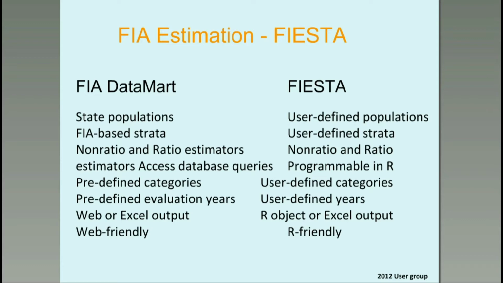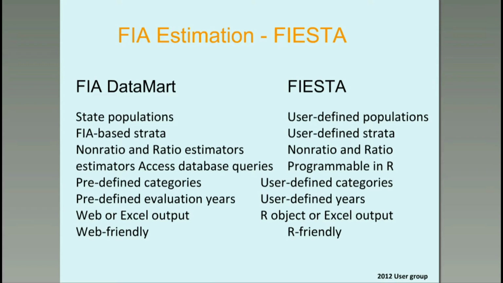FIESTA is programmable in R, so you have more flexibility on the queries, and you can also run them as a program, so you can loop it or do whatever you want in there. It's sort of nice that way. DATAMART also has predefined categories, whereas FIESTA has user-defined categories, a similar theory to that. In FIESTA, you can make your own diameter classes or things like that, whereas in the DATAMART it's pretty much what they have in there.